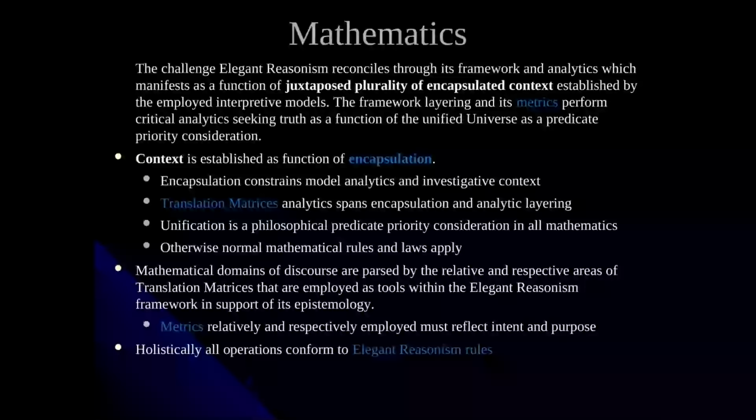And so the translation matrices' job is to take all of those different domains and allow you to create a capability to shift your thinking model to model to model relative to that set of paradigms of interest, and do it in a quality way.